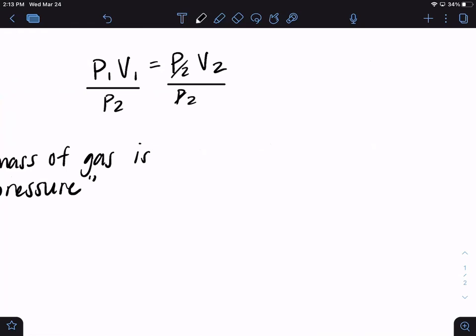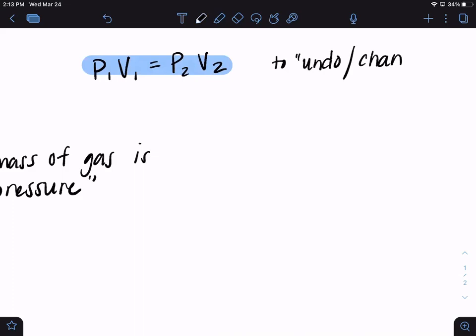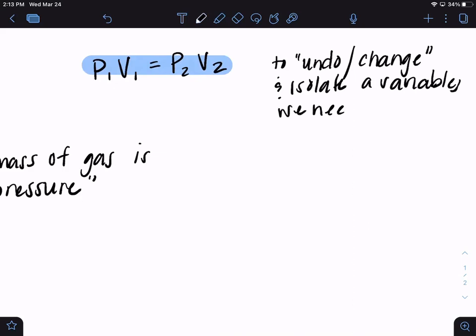And so what we're saying by inverse is to undo and eliminate and isolate any of these variables to solve for the missing one, we're going to have to divide, because this whole process, this equation, is all based on multiplication. So to undo, change and isolate a variable, we need to divide.